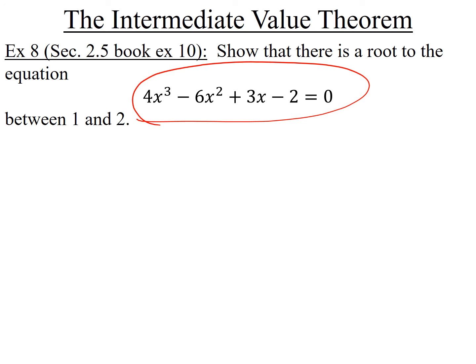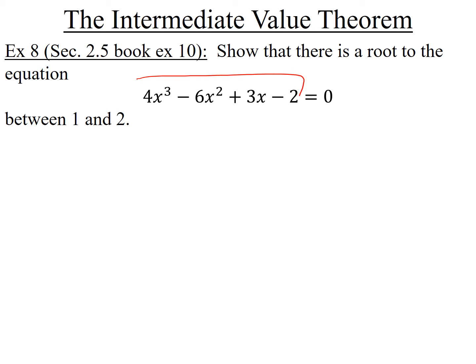Okay, so we need a function if we're going to use the intermediate value theorem. So here's what we're going to do. I need a function in order to use the intermediate value theorem. So we're going to call whatever's on the left of this equation here f of x.